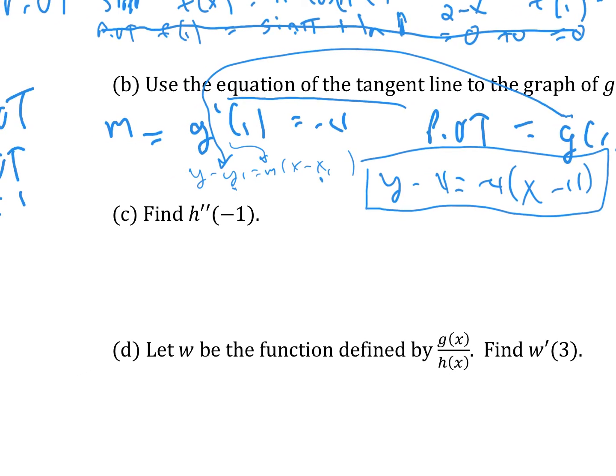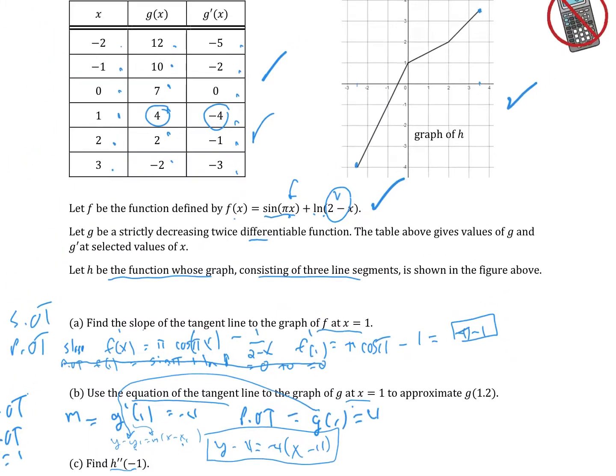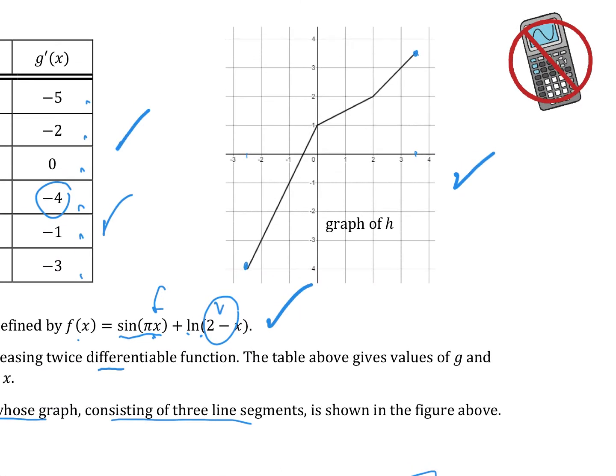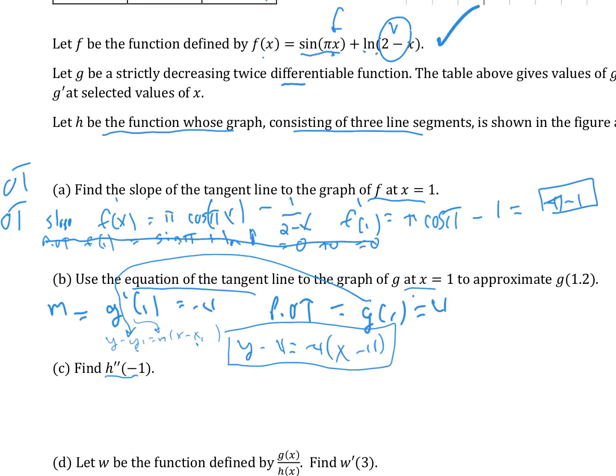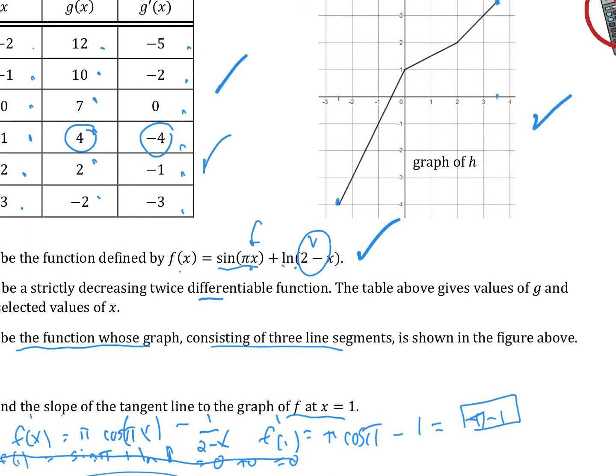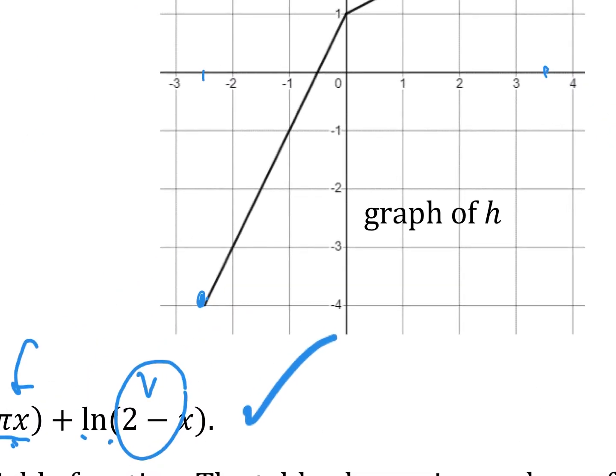Now I want the second derivative of h evaluated at -1. Where's h? H was the curve. See, we're hitting every single piece up here. So I'm looking at the second derivative at -1. -1 goes here.